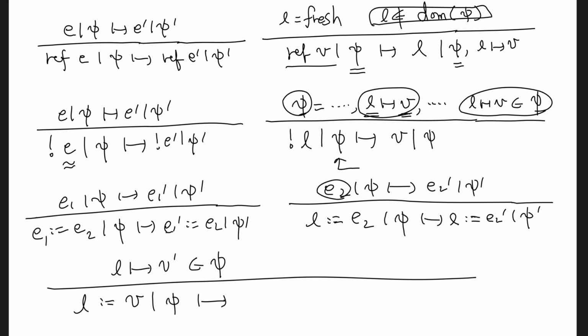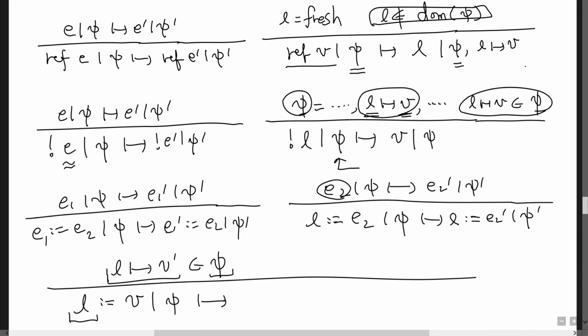You get stuck if you don't have a mapping of this form inside, because you are trying to update the contents associated with location L. So therefore, there must be some memory cell for location L inside the store psi. So if this is not the case, then there's nothing you can do about this assign. So let's make sure that this is the case. And then what you do is you simply update this value V prime with the value V.